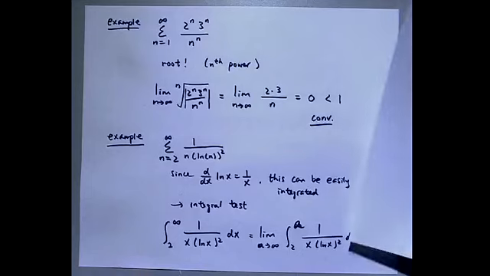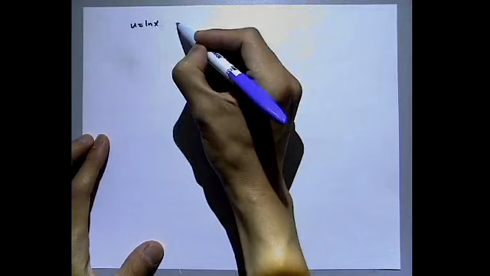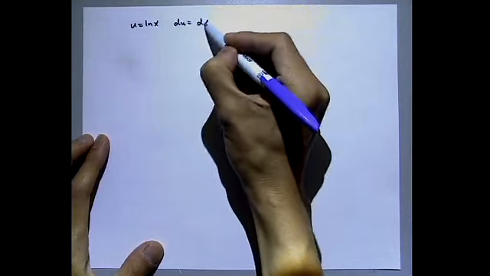Okay, improper integral: we yank out the infinity, putting a symbol for that, and then take the limit, letting that a go to infinity. Let's do a substitution. Let u be natural log of x, so du is dx.